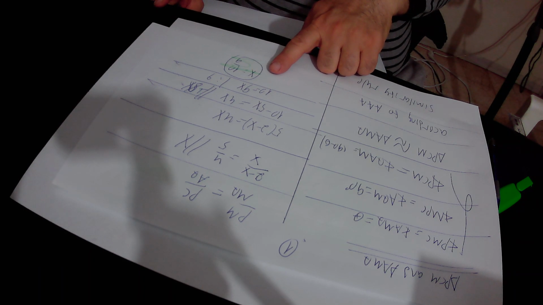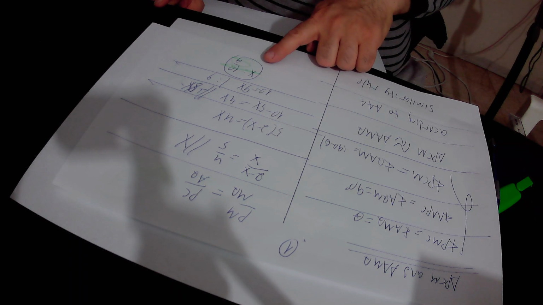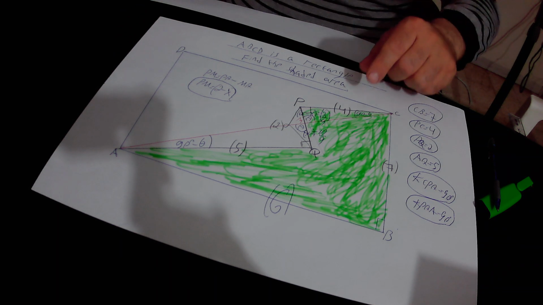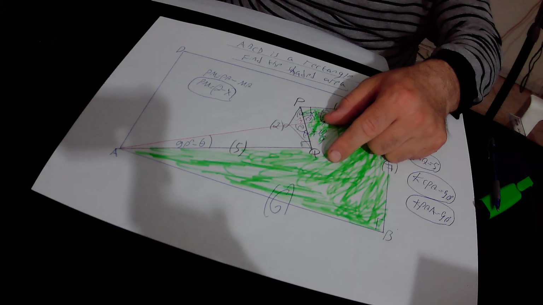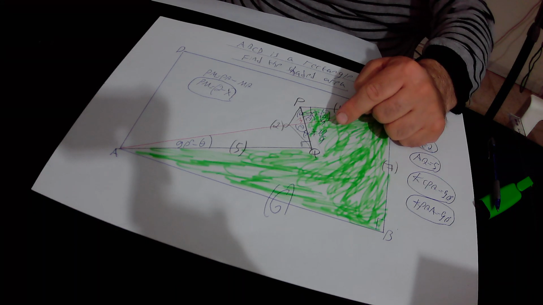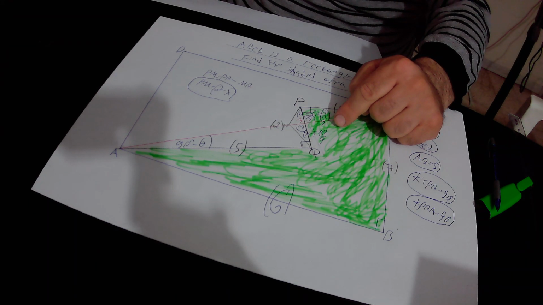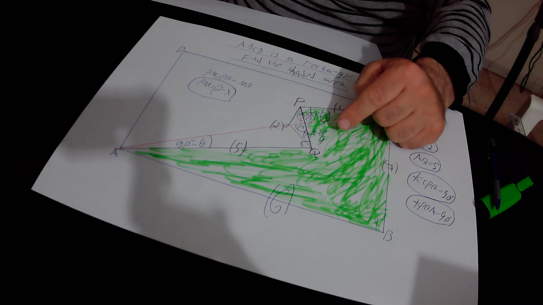We divide by 9 and find that x equals 10 over 9. So side MQ, which equals x, is 10 over 9.